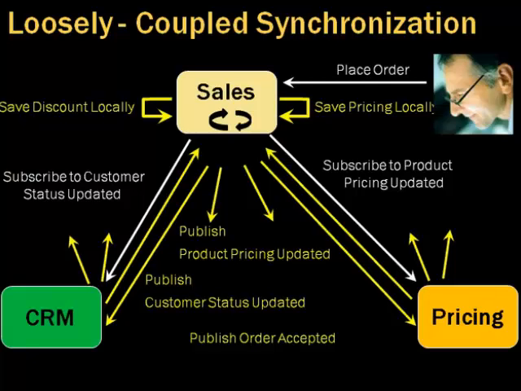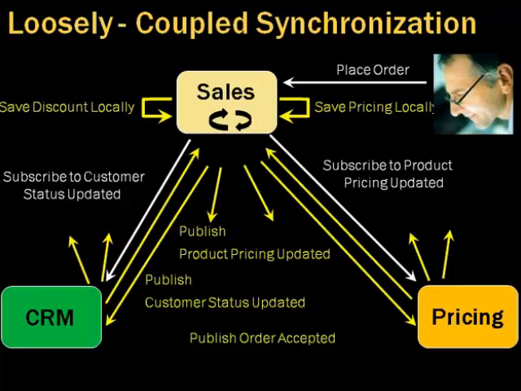We don't make a web service call to the CRM system. We look in our own service, find what discount that person needs to get, look at the product IDs that are in that order, and look for the pricing information in our own database.